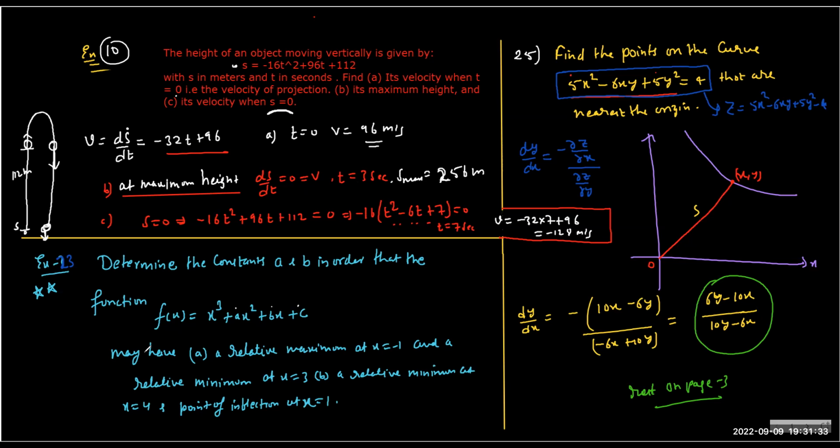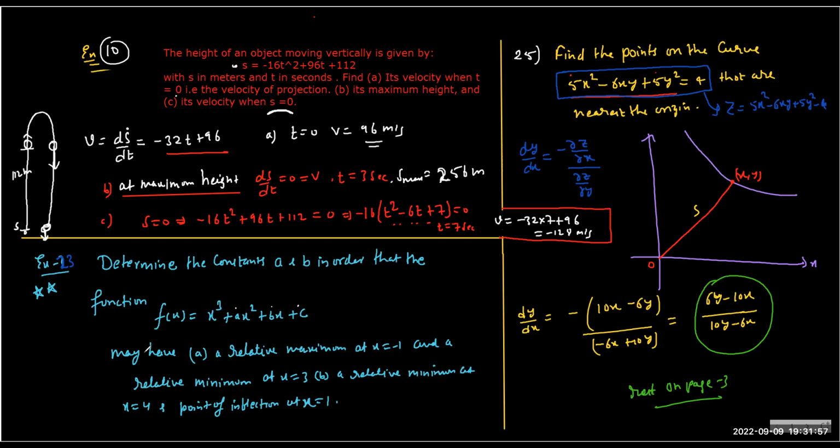So -1, 3, 4 are the points at which the first derivative must vanish. What are -1, 3, and 4 representing here? Tell me. These are the critical points, the points at which you will find the peaks or valleys.